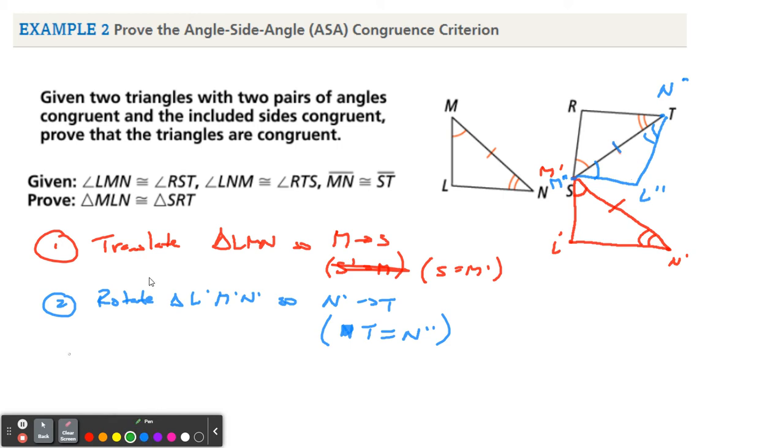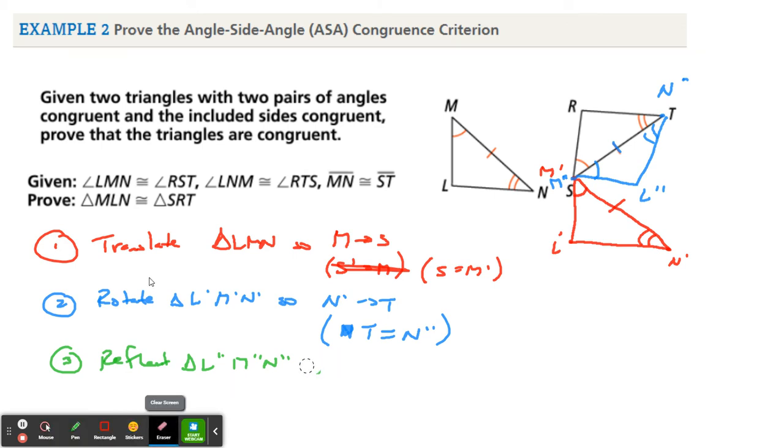And now last but not least, number 3, we are going to reflect triangle L double prime, M double prime, N double prime over ST. Now notice that they're touching on S and T, right? So that side is a part of both triangles.